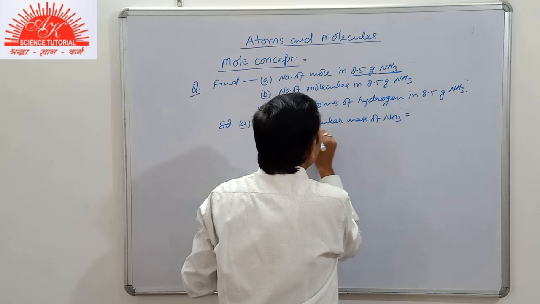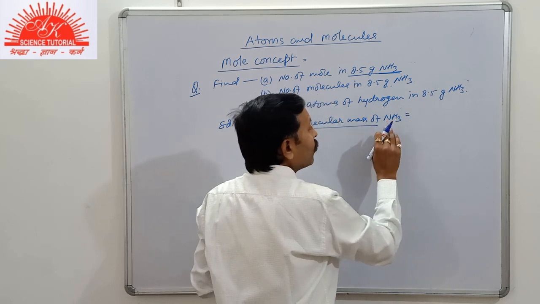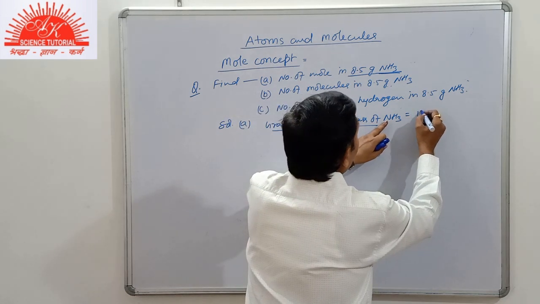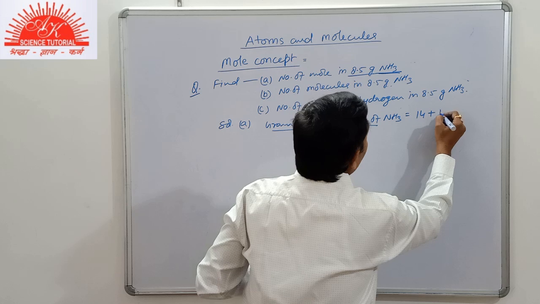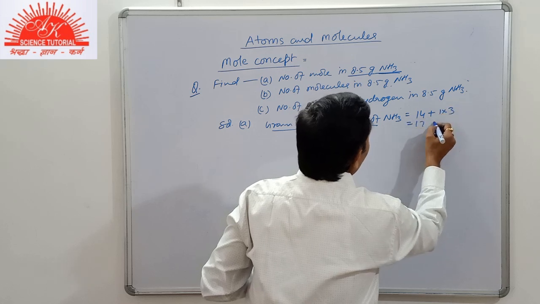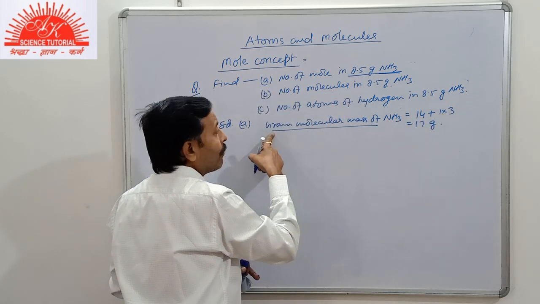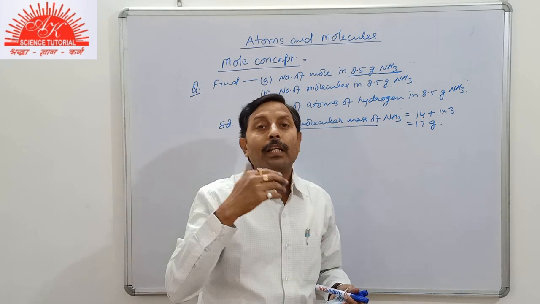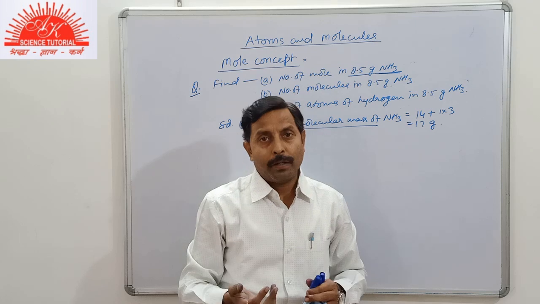Now you will add the atomic masses of these elements. So its atomic mass is 14. Here it is 1 into 3, that is 17 gram. Since we have used gram molecular mass, we use it in gram. If you take relative molecular mass, it will be in AMU.